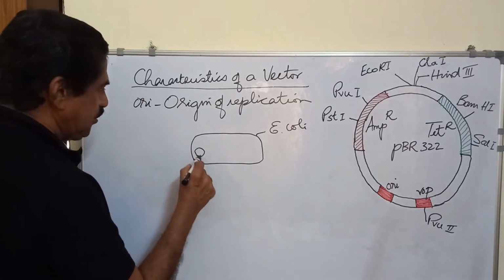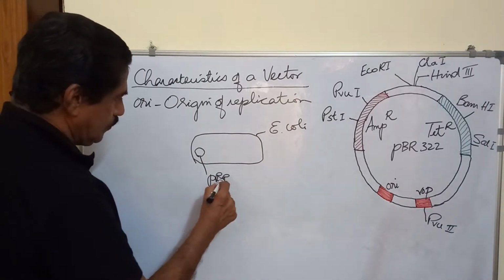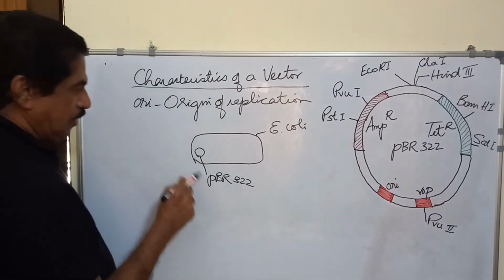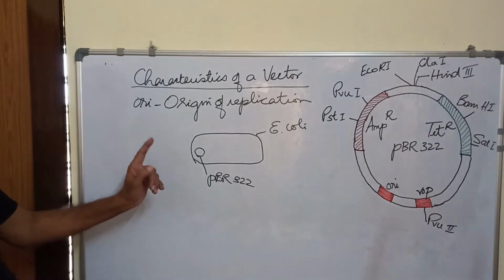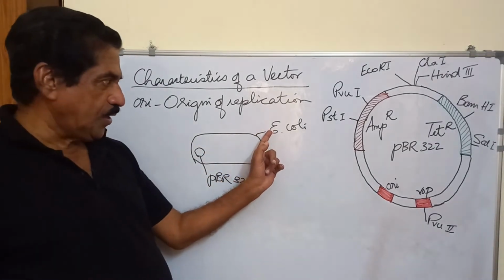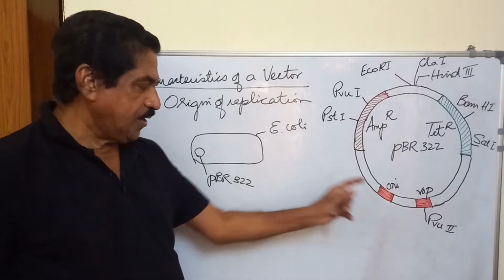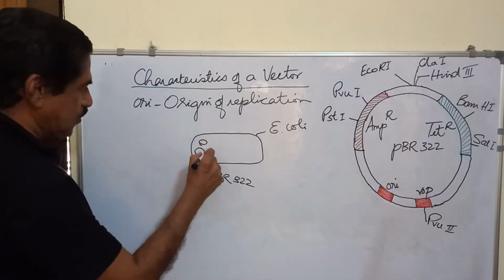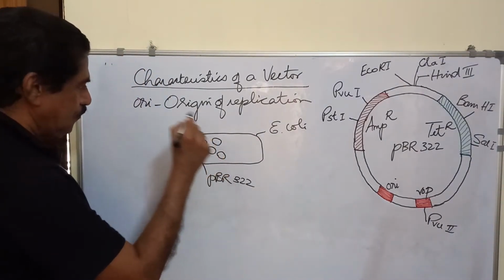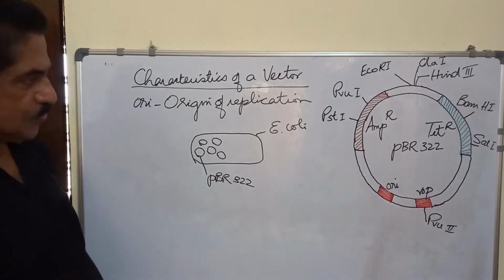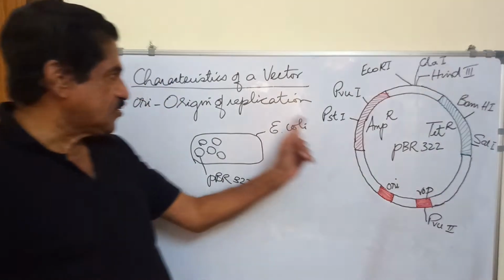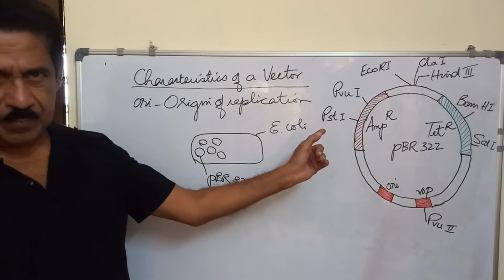This is pBR322. That's a plasmid. DNA polymerase of E. coli binds to ORI and makes multiple copies of pBR322. So that is why it is called origin of replication.